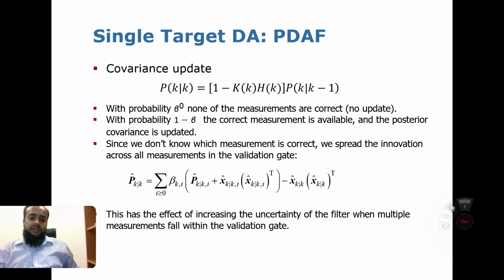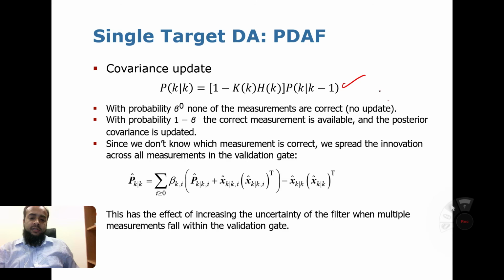Similarly for the covariance, this is a common filter output. With the probability beta 0, it means none of the measurements are correct, so there should be no update.